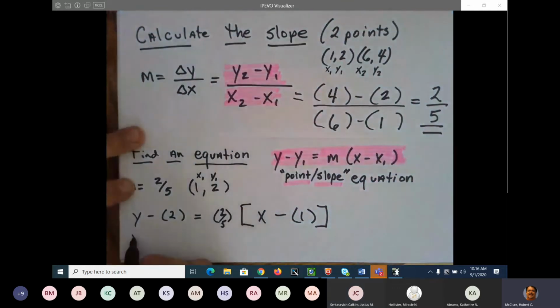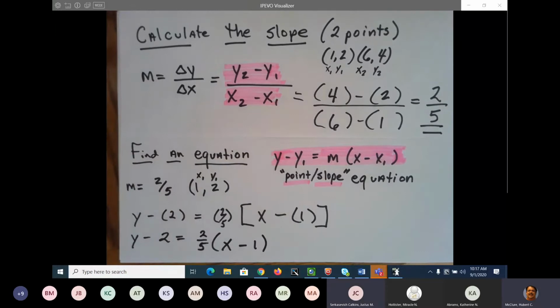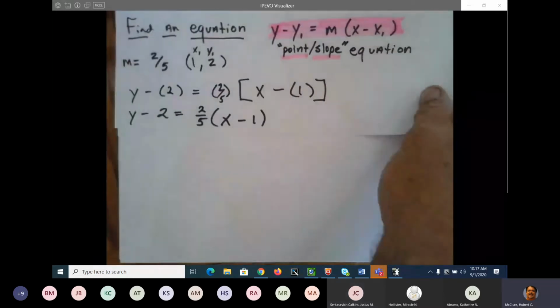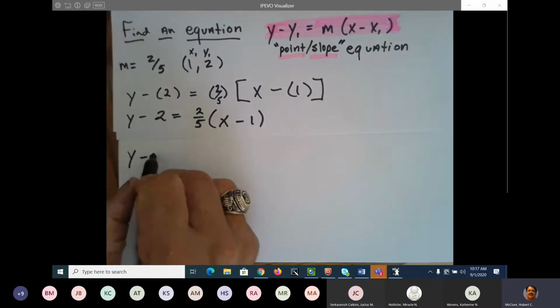So y minus 2 is equal to 2/5 times (x minus 1). And now I'm going to distribute that 2/5, and I'm going to go to the next page. So y minus 2 is equal to 2/5 x minus 2/5.